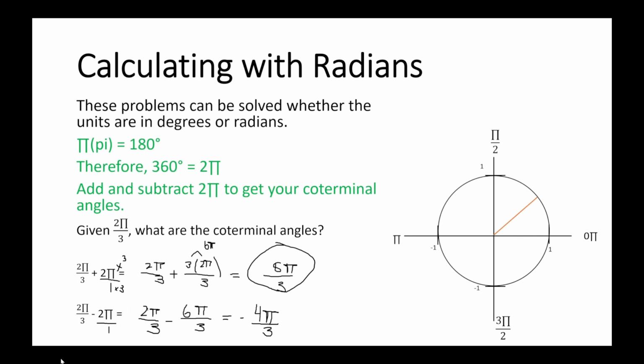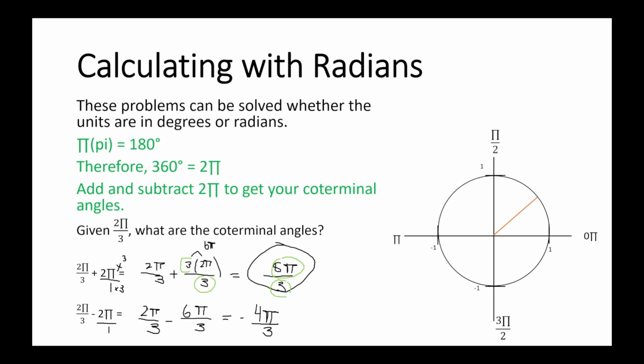So my next line will end up being 3 times 2 pi over 3, multiplying top and bottom by 3. When I combine, I should get 6 pi over 3. When I add up 2 pi and 6 pi, I should get 8 pi, and I still have the 3 on the bottom. I don't add the denominators of fractions. I only add the numerators. That's the rule of adding fractions.